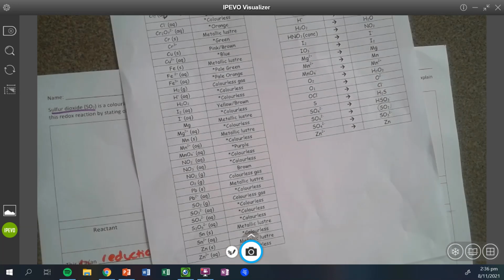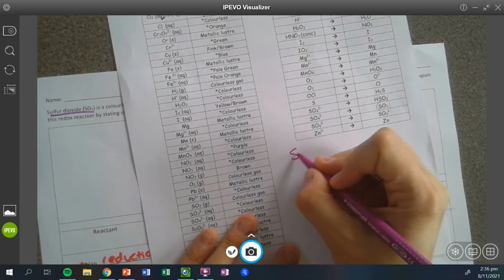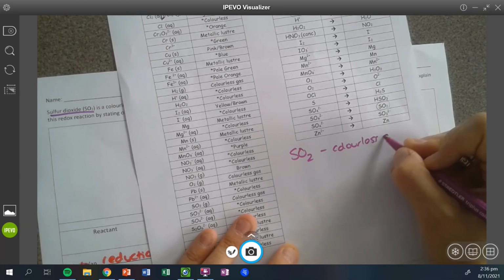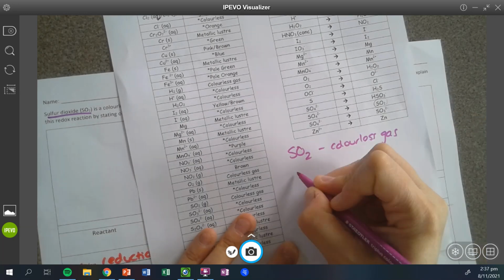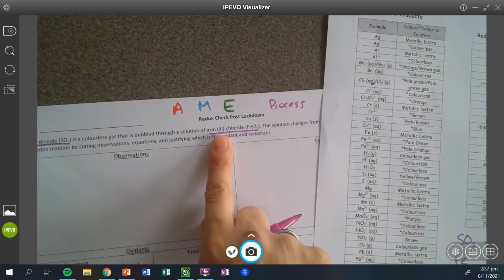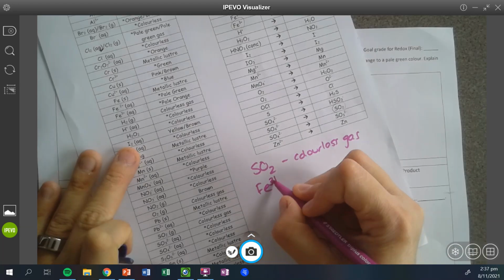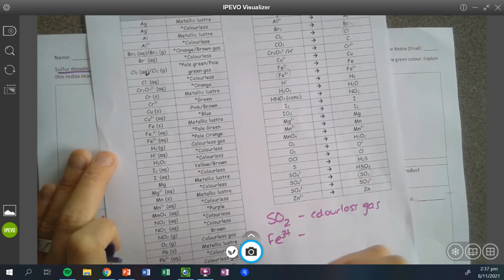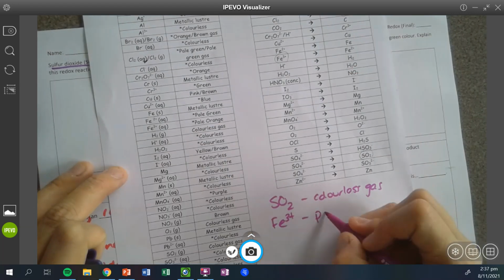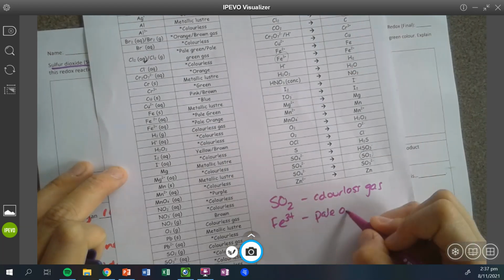So the first one is sulfur dioxide. I have SO2, and that is a colorless gas. I have iron chloride. If I look at this, it says iron 3, so that's a 3+. If I look at iron 3 on my list here, I see that's a pale orange. It's going to be a very, very pale orange.